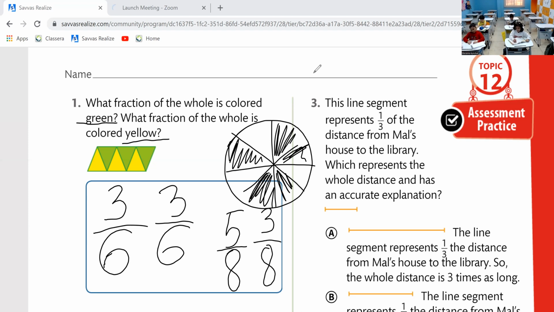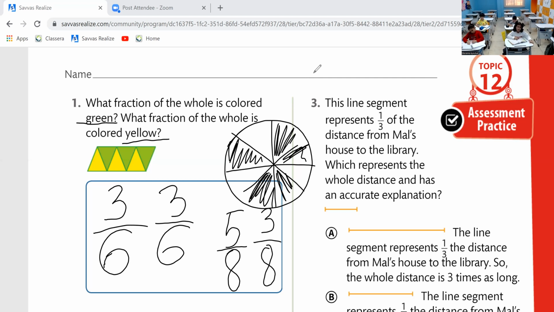So, ready? So the first number, how many parts?